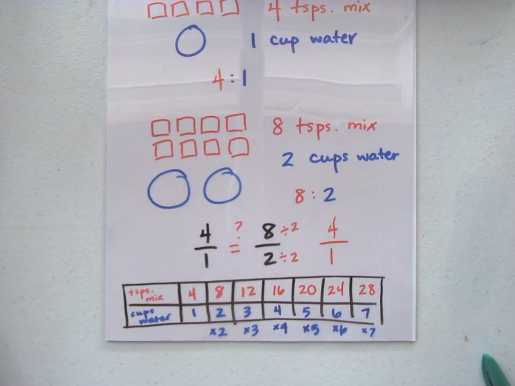So all of these ratios here are equivalent to our original ratio. We just multiplied our original ratio, both parts, by the same amount, in order to keep it the same. So each of these, even though we're getting bigger and bigger batches of our drink, they're still going to taste the same because they have the same ratio of teaspoons of drink mix to cups of water.